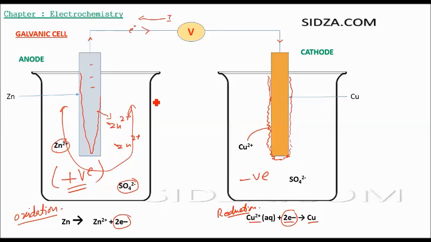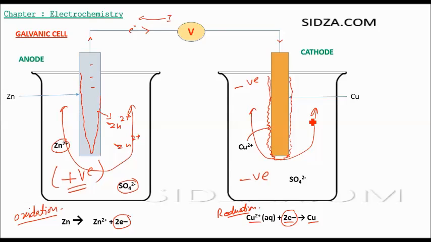And similarly, the negative charge in this solution will not allow the electrons to come towards it, so that is why the current will stop, okay? As soon as a sufficient amount of charge is developed in the two electrodes, the zinc electrode and the copper electrode, the cell will stop giving current. So no more reaction will be spontaneous.